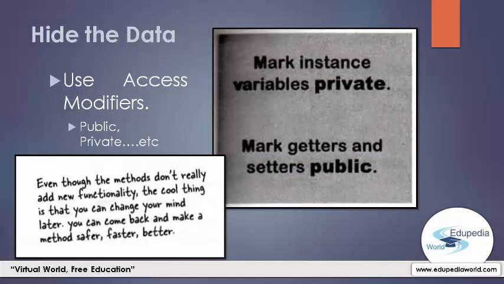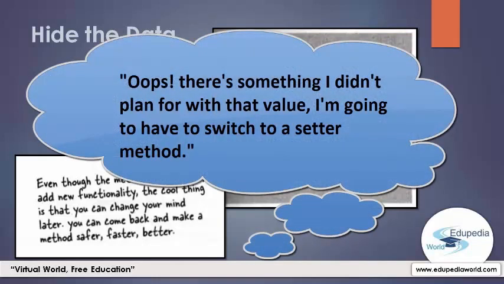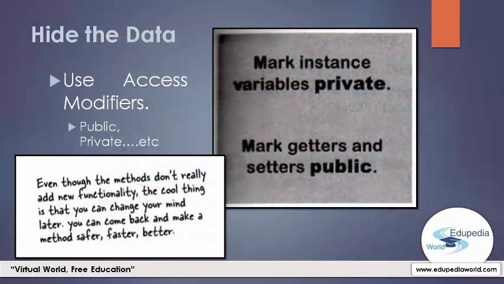Imagine if half the people in your company use your class with public instance variables, and one day you suddenly realize, oops, there's something I didn't plan for that value. I'm going to switch to a setter method. And then you break everyone's code. The cool thing about encapsulation is that you can change and nobody gets hurt.